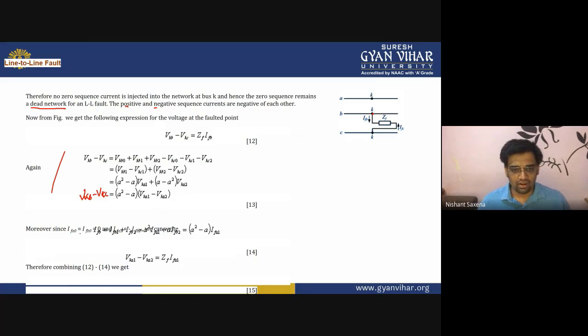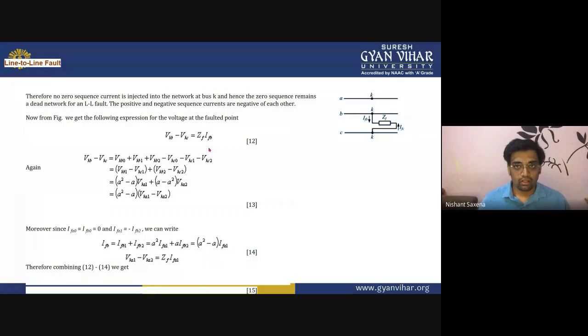Moreover, since IFA0 is equal to IFB0, which is equal to 0, therefore IFA1 is equal to minus IFA2.